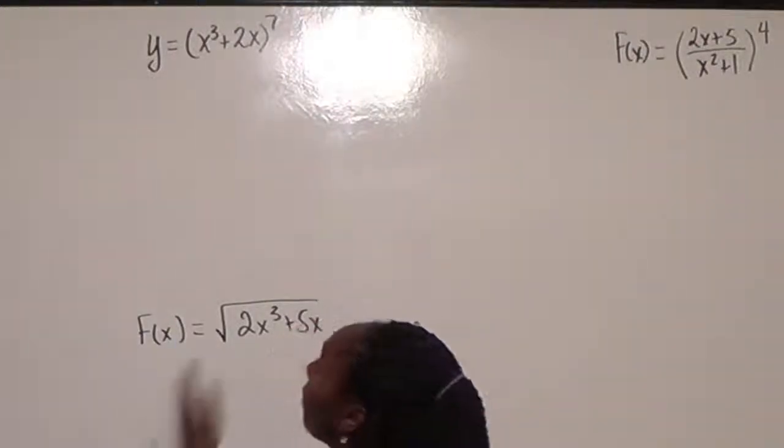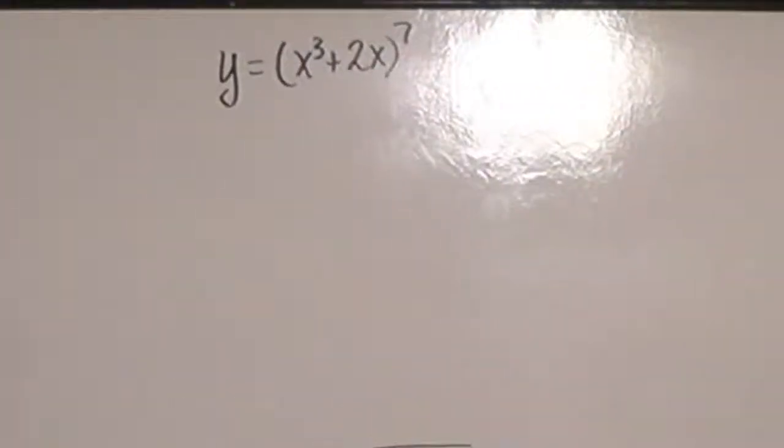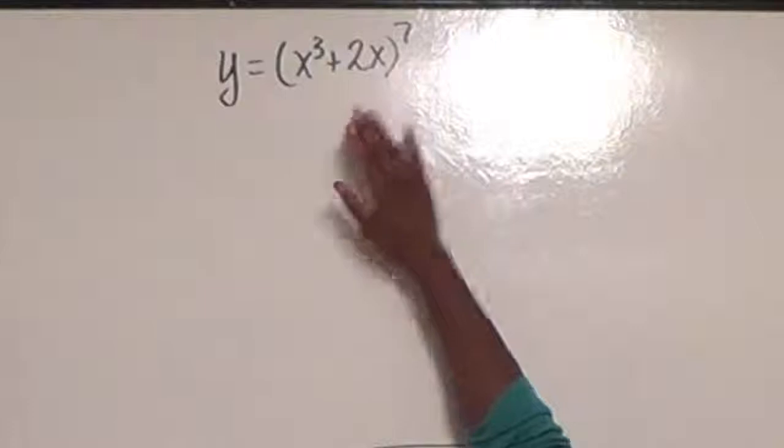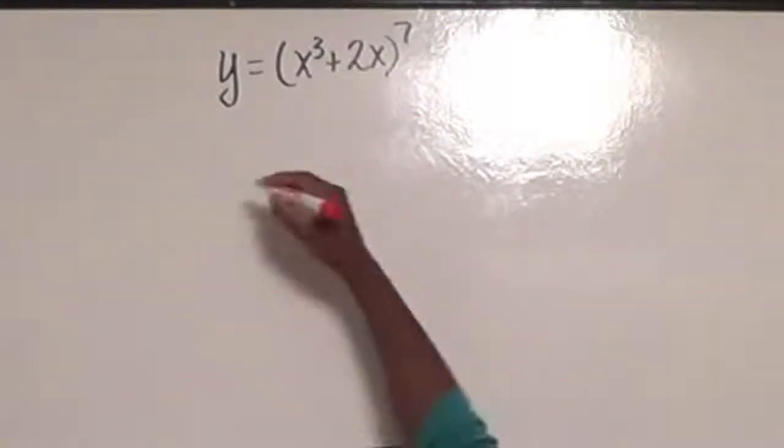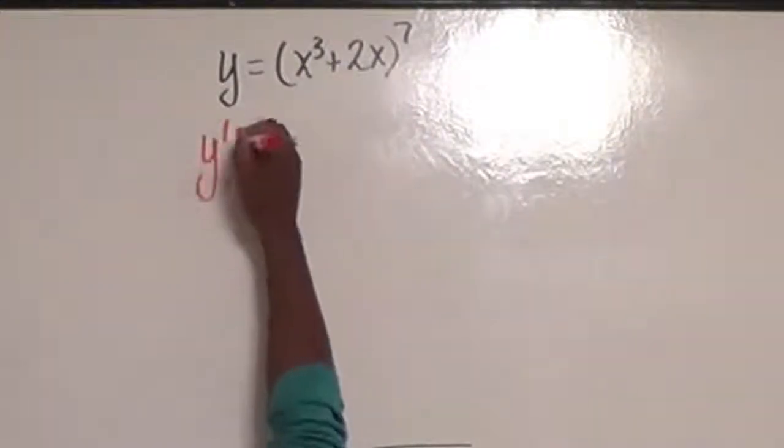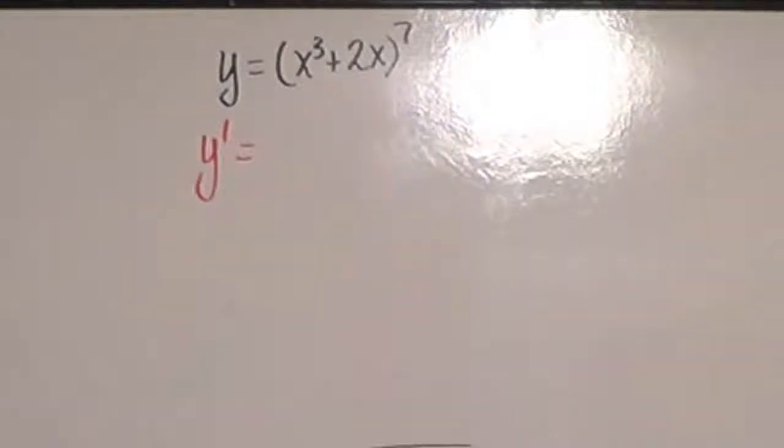Okay. This first example is one where we can definitely think of it as a general power rule. Meaning, if you remember our power rule, it said I'll take the exponent off of my function, move it down to the front, and then take the derivative of the inside while subtracting 1 from the exponent. If I think of it that way, in this case, if I want to find y prime, it says I'm going to leave x cubed plus 2x and think of that as just my variable.